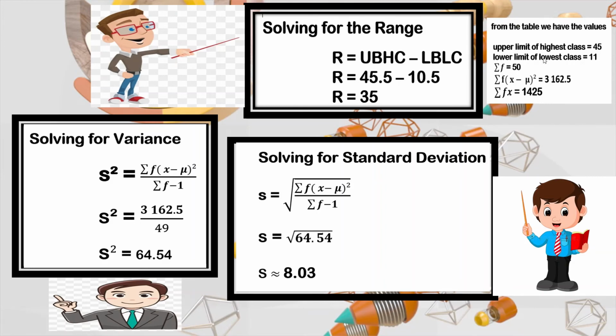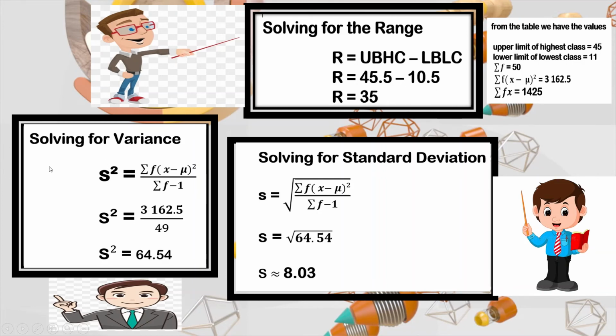And the lower limit is 11 in the lowest class, so subtract 0.5 because we're talking about the lower boundary. So the lower boundary is 10.5 since 11 minus 0.5 is 10.5. Now you subtract 45.5 minus 10.5, then you get the range 35.